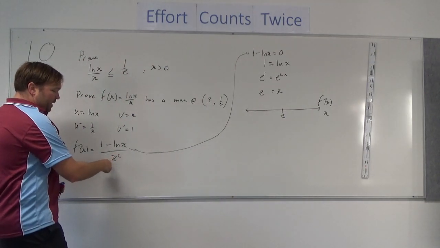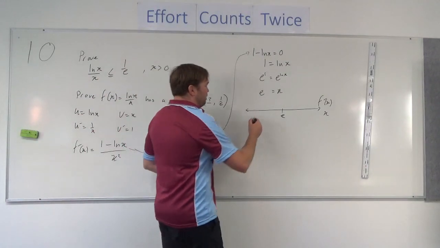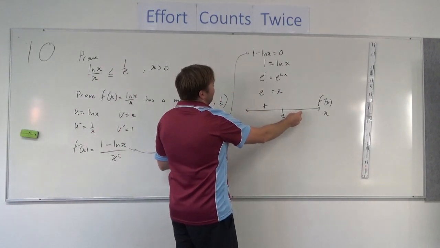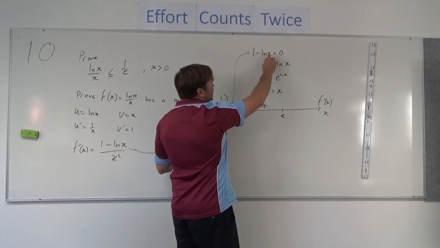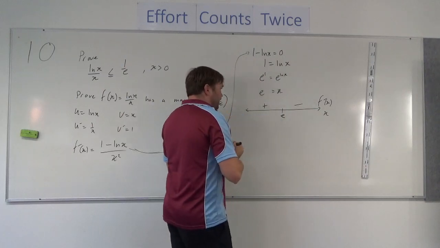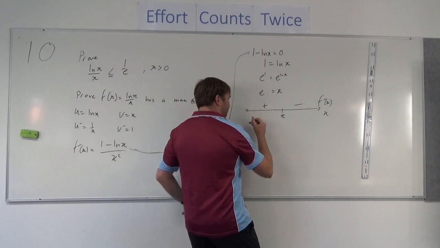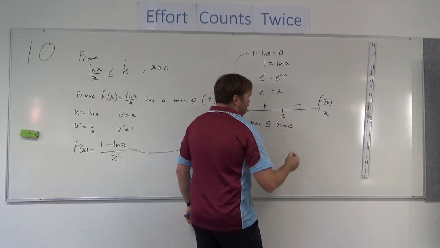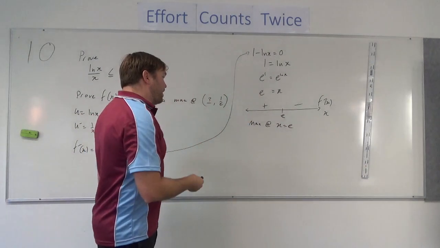This denominator here is always positive, so that'll be positive. If we take e squared down here, 1 take ln of e squared, ln of e squared is 2, 1 take 2 is negative, it'll be negative here. That implies there is a max at x equals e.